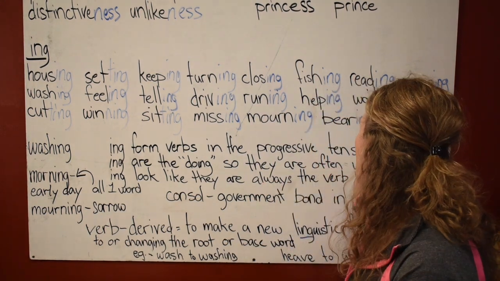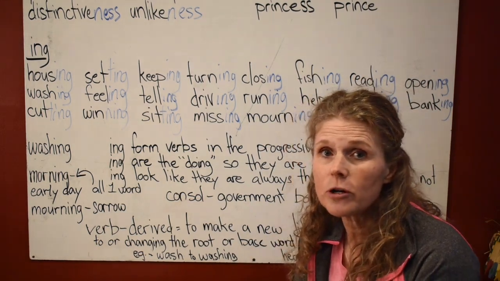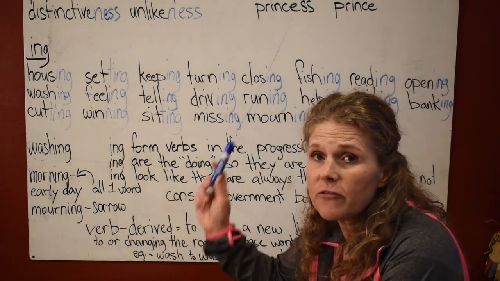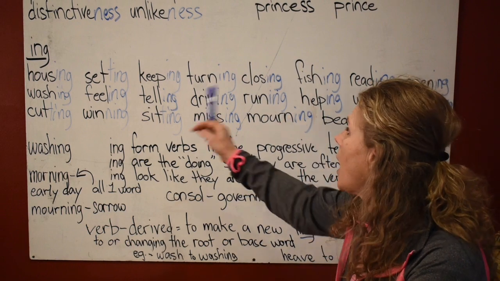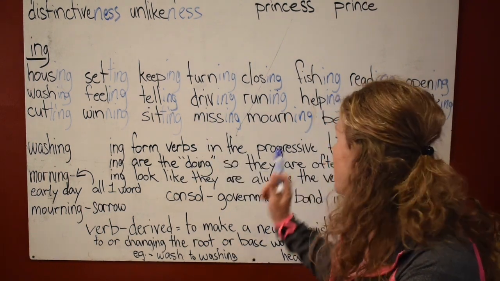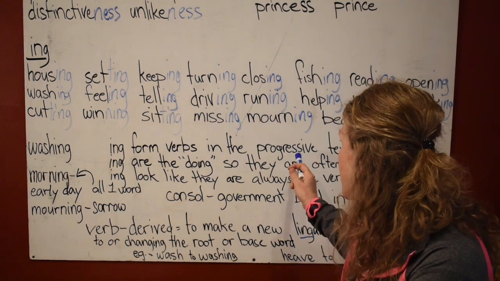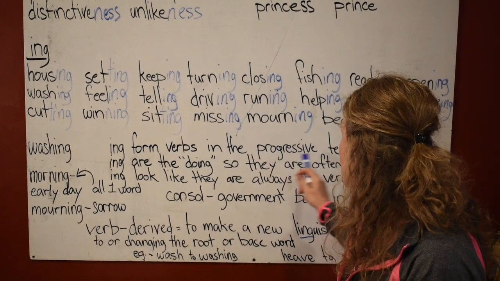Also, it helps you with your auxiliary verbs or helping verbs. They're the same thing. And if you have an auxiliary verb in front of it, you know you have a progressive tense ing. And that will help you immensely. I think it's a disservice for you not to understand what progressive and perfect mean in a word.